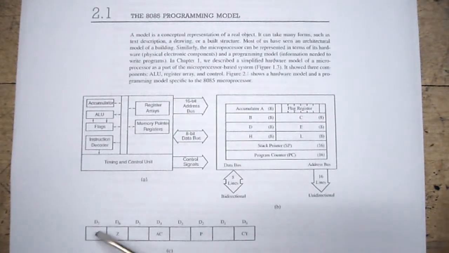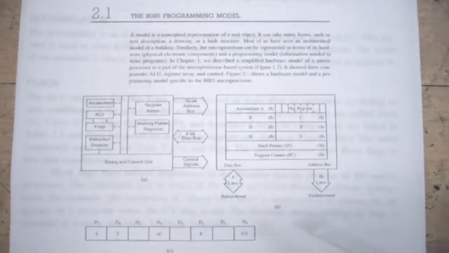D7, the high order bit, is the sign. D6 is the zero flag. D4 is the auxiliary carry. D2 is parity, and D0 is the carry bit.